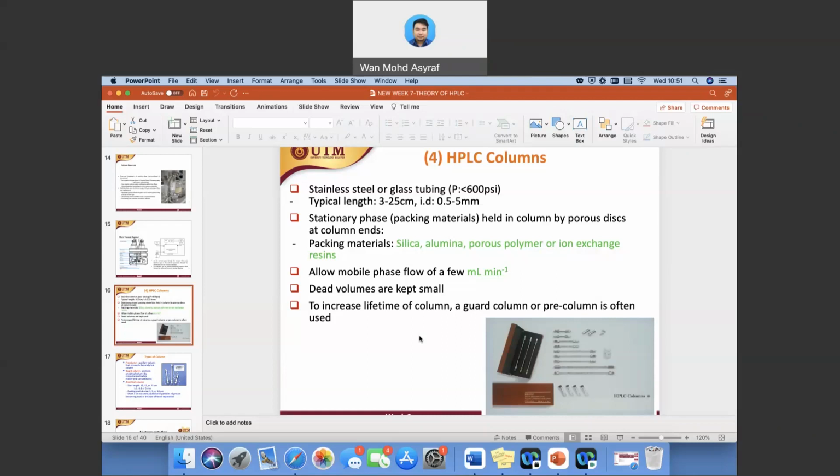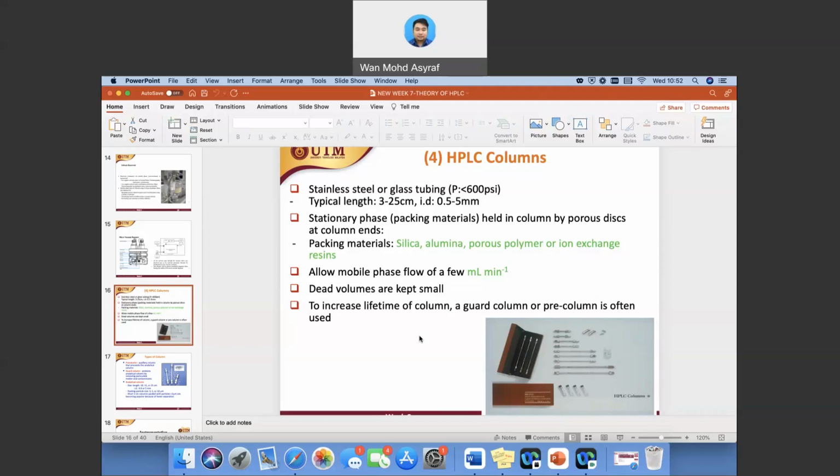All right. To increase the lifetime of the column, a guard column or pre-column is usually used. This guard column is positioned right before your actual column, acting as additional protection.